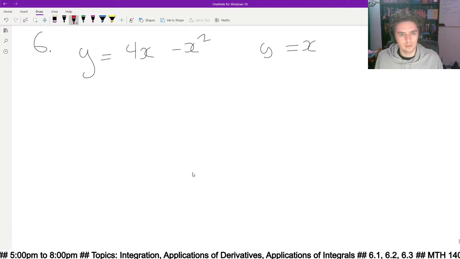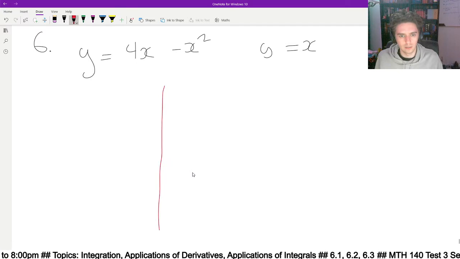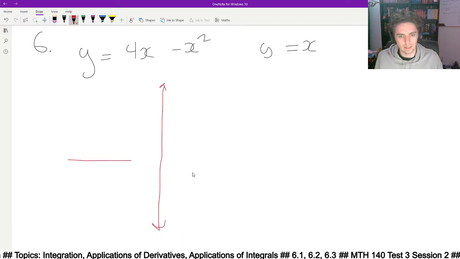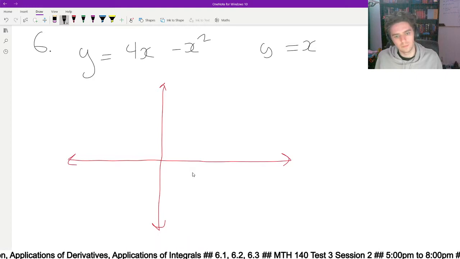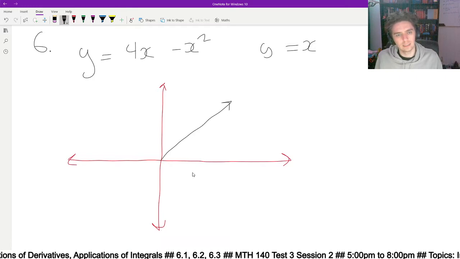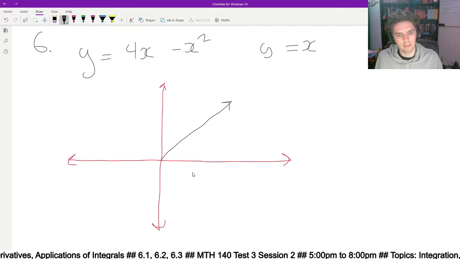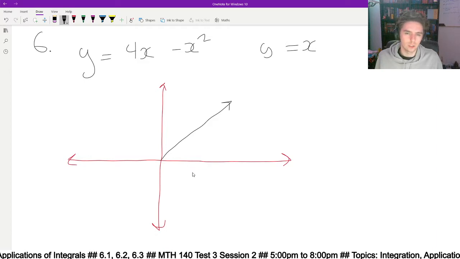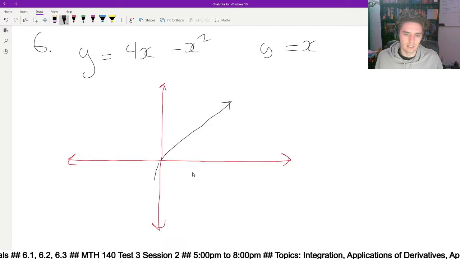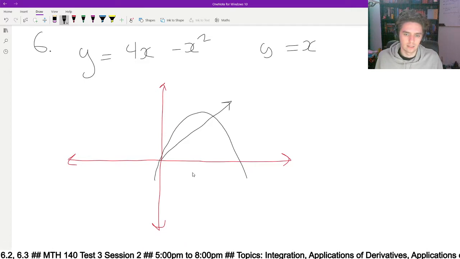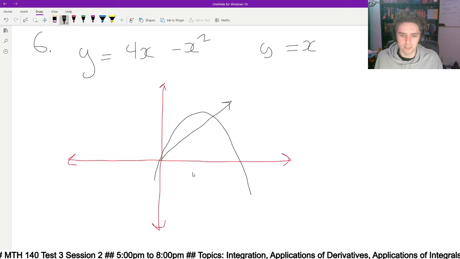So this will approximate, if we have our x and y axis here, there's my y equals x. And my negative x squared thing, if I was just looking at it, I guess I would say it kind of looks like that. And looking at the picture, that is what it looks like.